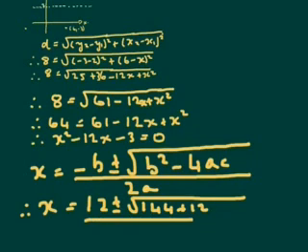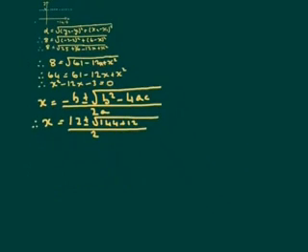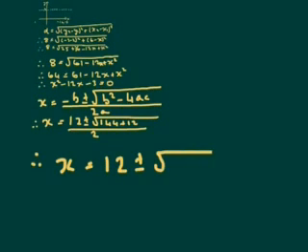All over 2a. Now a is equal to 1, so it's just over 2. Okay, let's see what that comes to. Therefore, x is equal to 12 plus or minus the square root of 156 over 2.